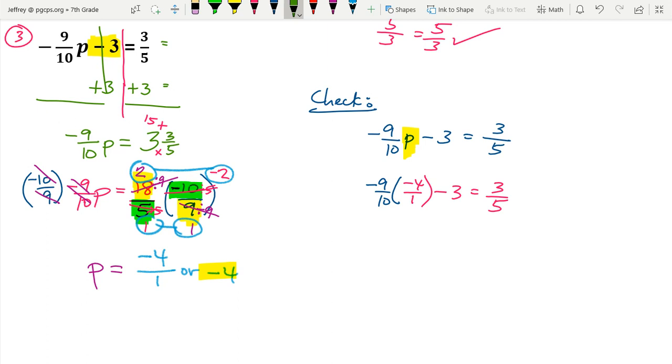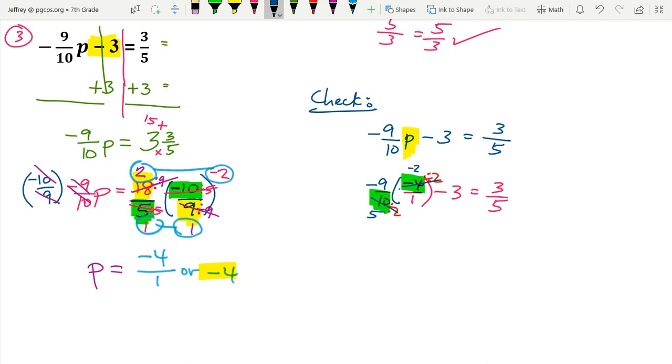Or what if you say, hey, can I use cross simplifying? Definitely, because it's easier to work with fractions if you already simplify it. So let's look at our numerator and its opposite denominator. What number can we evenly divide into 4 and 10? It's 2. We divide by 2. So negative 4 divided by 2 will give us negative 2. 10 divided by 2 will give us 5.